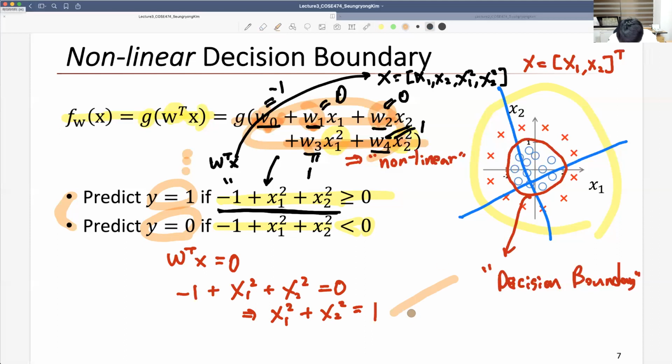This is the decision boundary of this problem. Okay, so as you can see here, by using the nonlinear mapping function or the nonlinear projection, we can deal with the nonlinear decision boundary as well, or nonlinear classification problem as well.